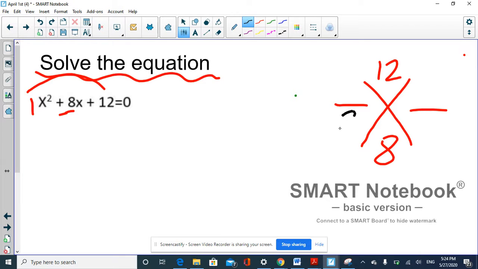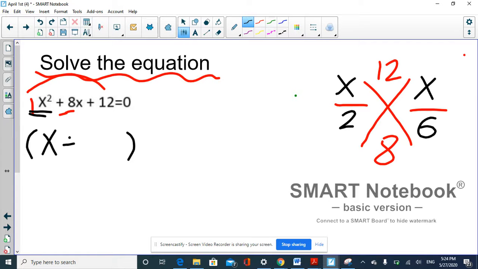It's 2 times 6. 2 times 6, 12, and 2 plus 6, 8. Okay, what will we put up here? Yes, the variable without the power, x. This gives you the two factors. The first one, x plus 2, the second, x plus 6.